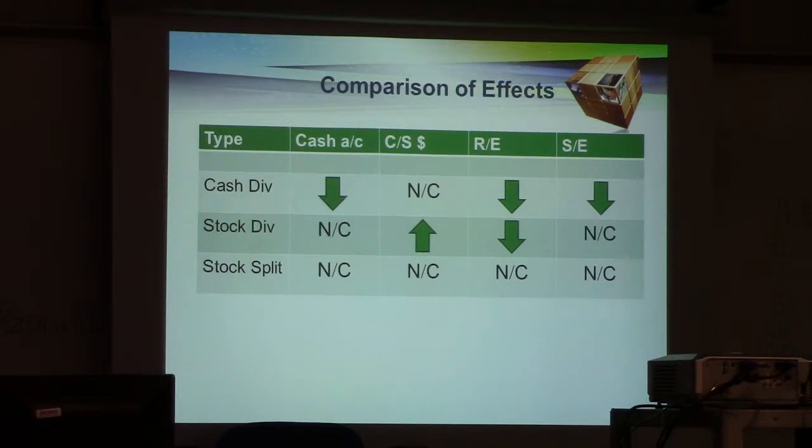So you can see that when you declare a cash dividend, cash account decreases, obviously, because you are now going to pay out cash. And there is no change, NC stands for no change, on the value of common shares account. However, retained earnings and shareholders equity account also decreases. So you can see the effects are illustrated pretty clearly in this slide, and you can also look at the stock dividend effects and the stock split effects.